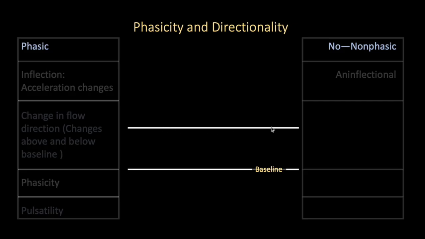There's no phasicity to this. When we look at inflection, we're talking about acceleration changes. So does it actually change its direction? In this case here, it doesn't. There are no inflections in here, so this would be called aninflectional.